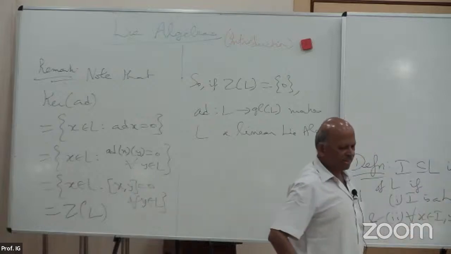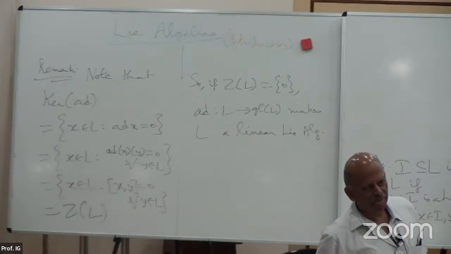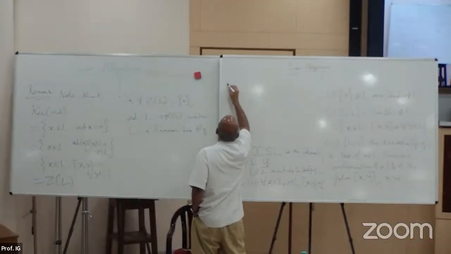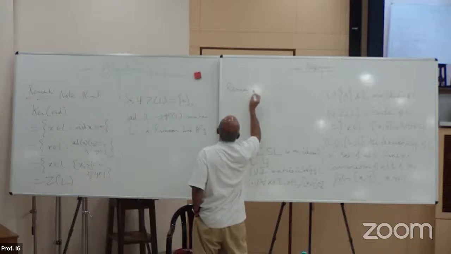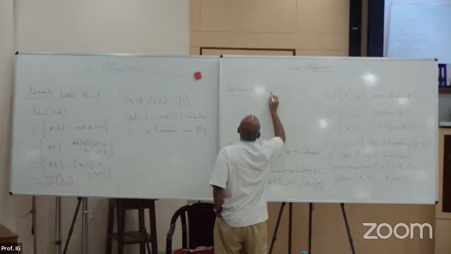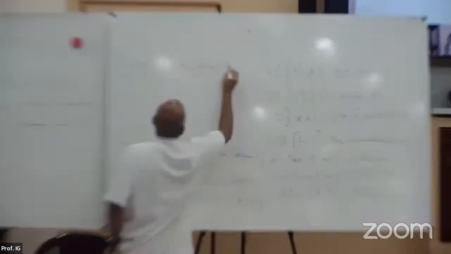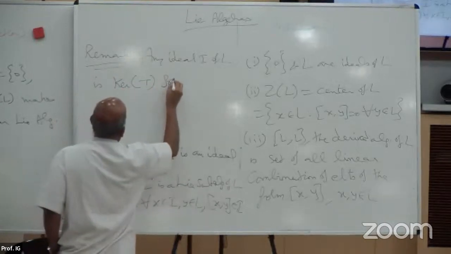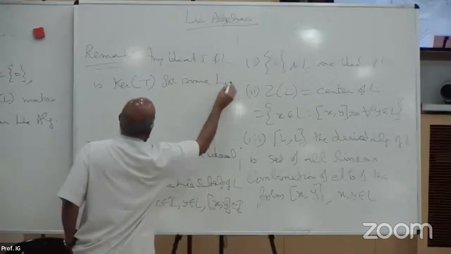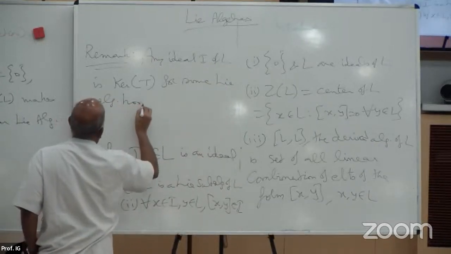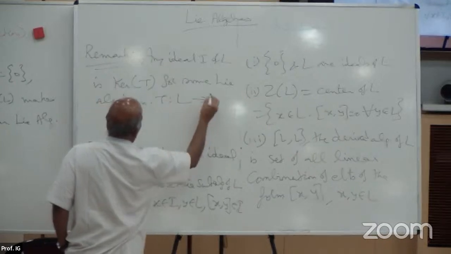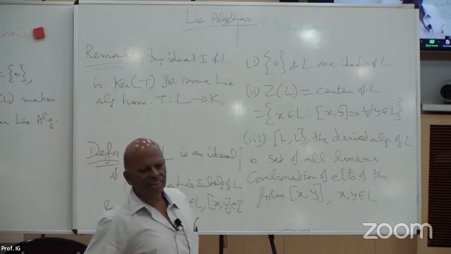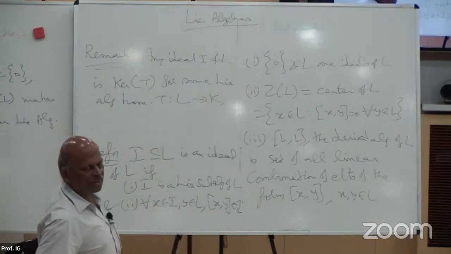We got to this definition of an ideal by seeing the property of the kernel, and this is another remark I can make. I will require a proof, but nevertheless we can just make it a remark. Any ideal I of L is the kernel of T. The converse also is true: any ideal can be obtained as the kernel of some T. What is that?